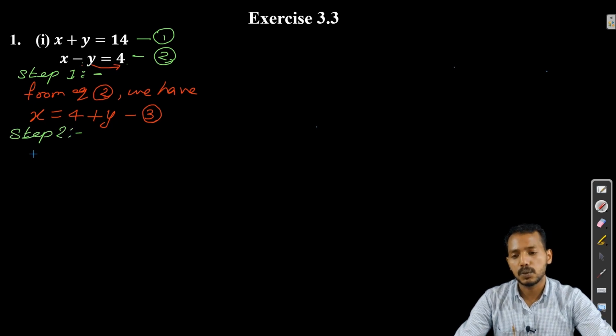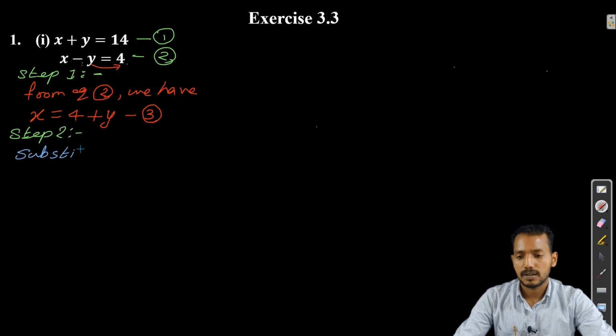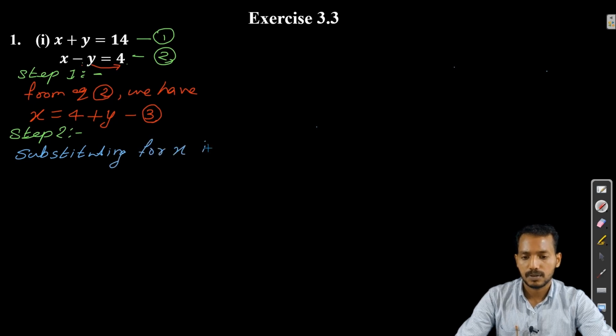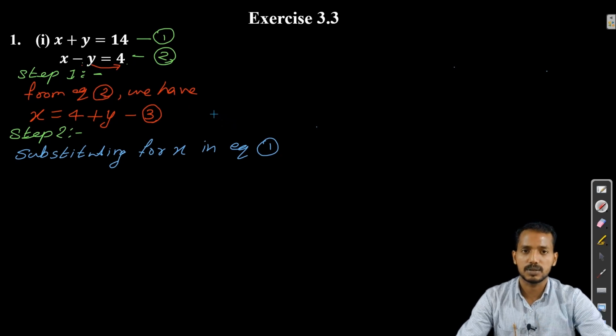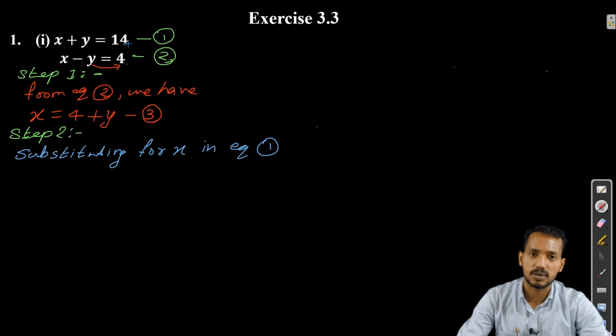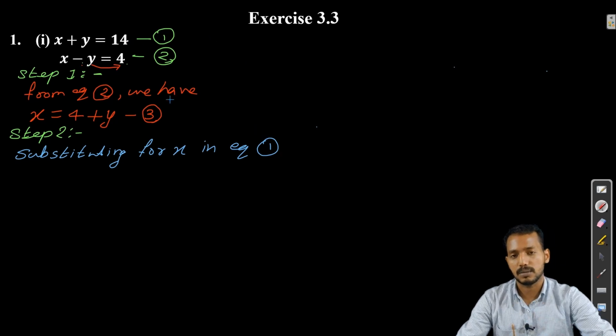In step 2, substituting for x in equation 1, because we have written the value of x in terms of y from equation number 2, so we are not supposed to substitute again in equation number 2. We have to substitute in the other equation, that is equation number 1.